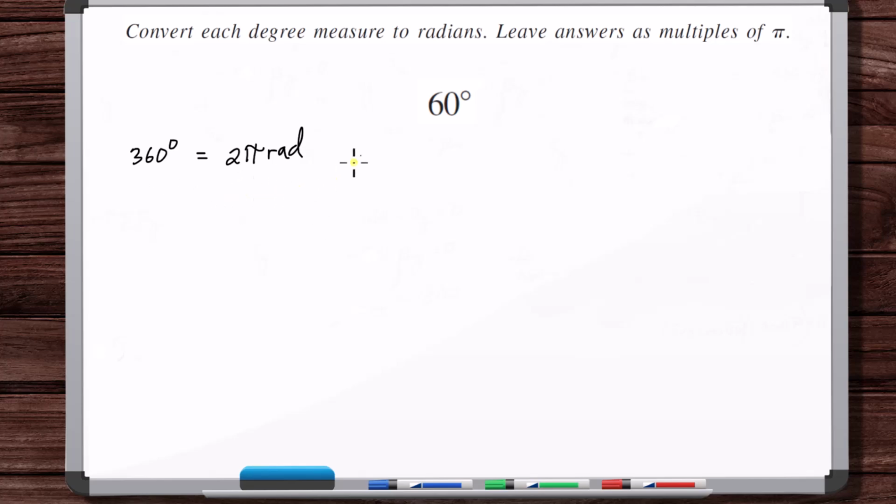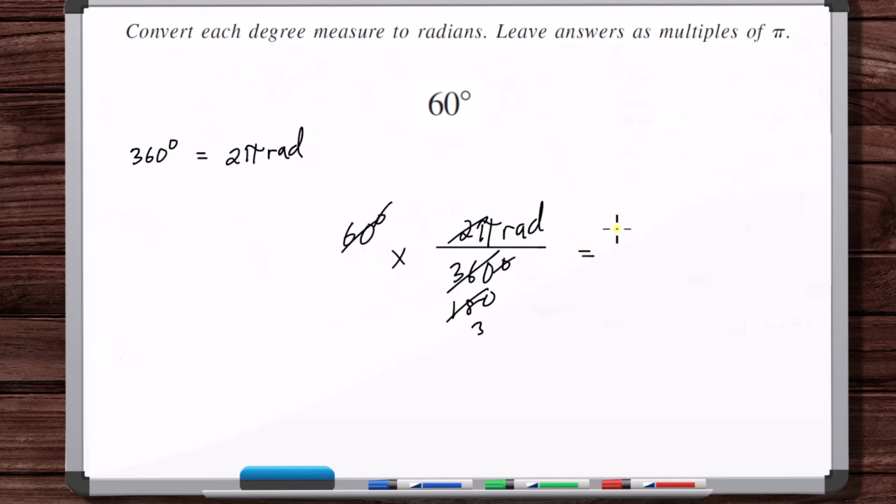Once you have this, you can go either direction. Because, okay, 60 degrees times 2 pi radians over 360 degrees. The degrees cancel. What unit are you in? You're in radians now. That's what you're looking for. So now just multiply this out to get the value. That's pi over 3 radians.